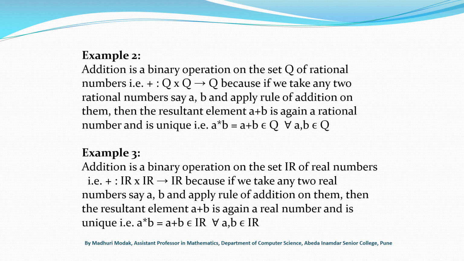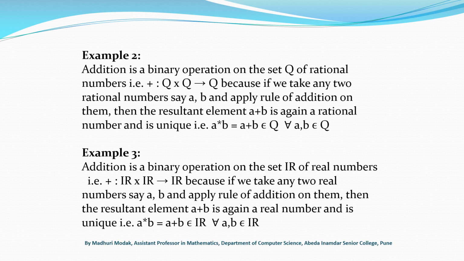Similarly, addition is a binary operation on real numbers also. Real numbers are nothing but the set of all rational numbers together with all irrational numbers like root 2, root 3, pi, e, etc. If you add any two real numbers, then again we get a real number and it is a unique number. So addition is a binary operation on real numbers.